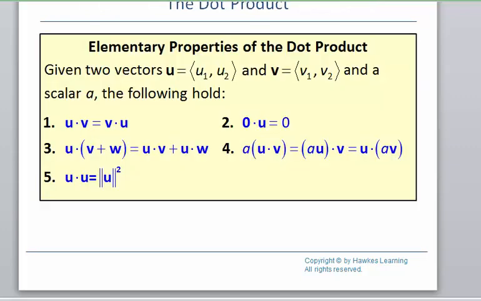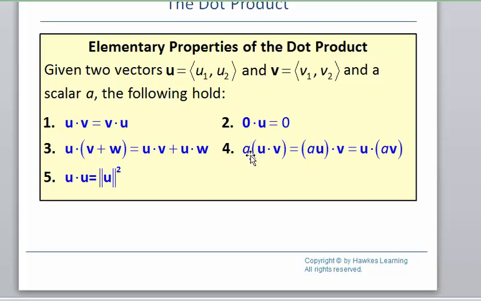Now we have some basic rules that apply for dot products. The first rule essentially says that it doesn't really matter in what order you do the dot product, you get the same result. So u dotted with v is the same thing as v dotted with u. We have a rule that says if we do a dot product with a 0, the result is 0, and that makes sense. That's basically the same as multiplying a number by 0 and you get 0. We have essentially number 3 being like a distributive property where we can distribute our dot product among a parenthesis.